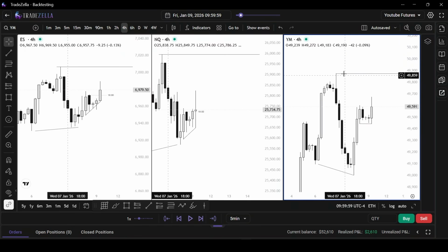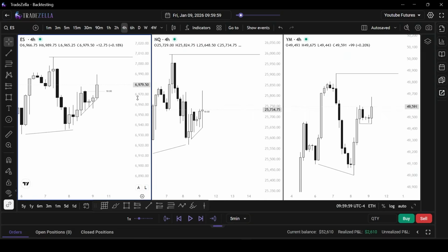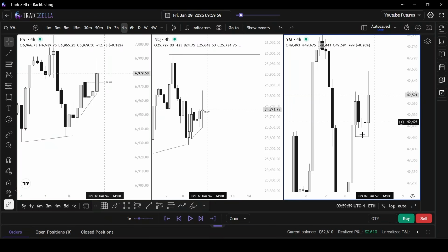And this right here can be our draw on liquidity, right? Target this high. So we have price trading straight into this fair value gap, presenting a fractal model, right?